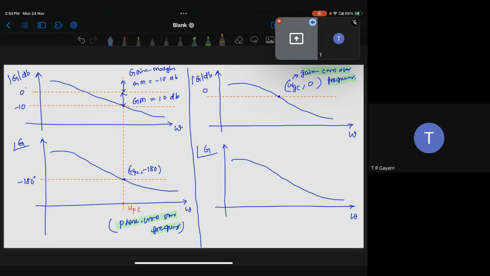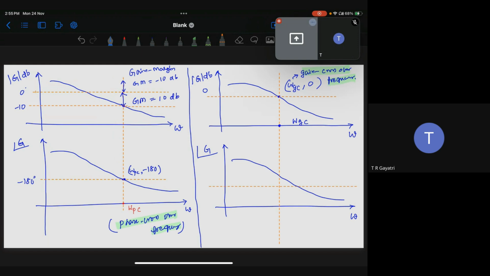The gain crossover frequency is this one on the x-axis. Now at this point, if we extend that to the phase angle curve, it is this point.